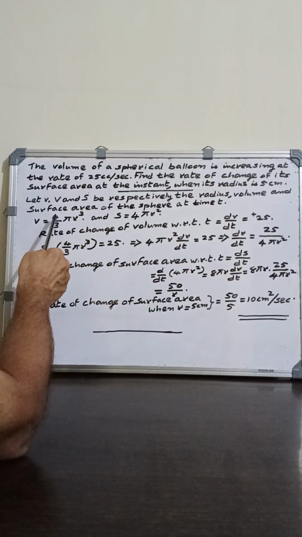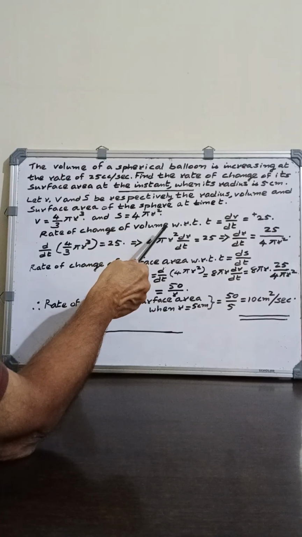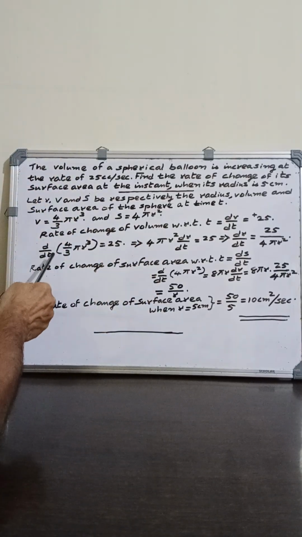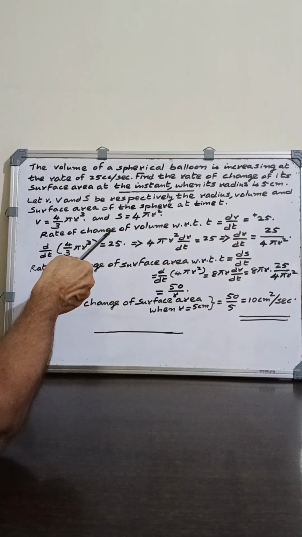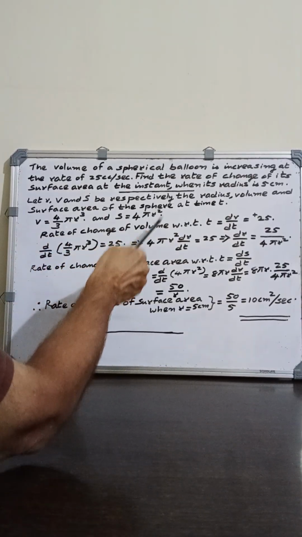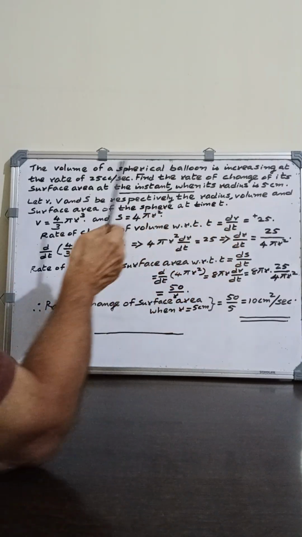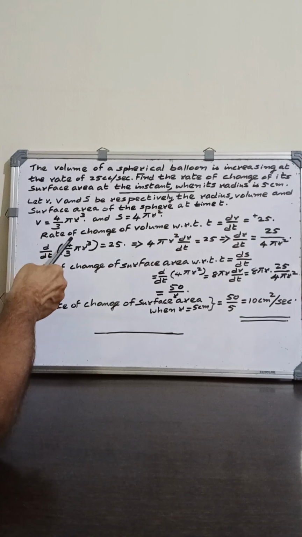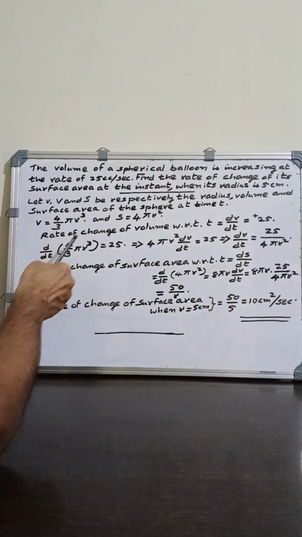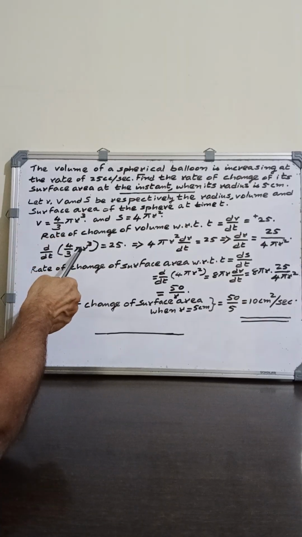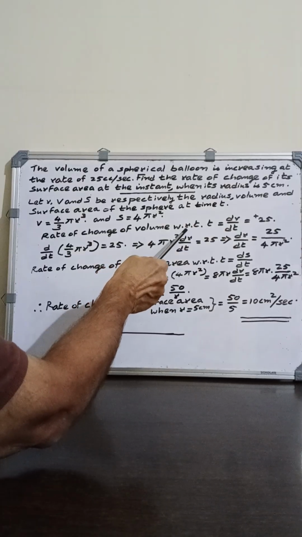Therefore, rate of change of volume. What is volume? 4 by 3 pi r cubed is the function related to volume. Therefore, d by dt of 4 by 3 pi r cubed equals 25, because the rate of change of volume with respect to t, dV by dt, is plus 25. Differentiating r cubed, we get 4 pi r squared dr by dt.